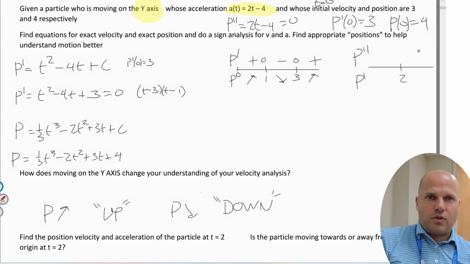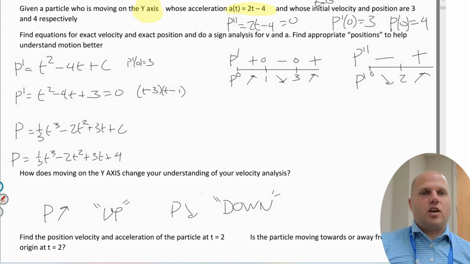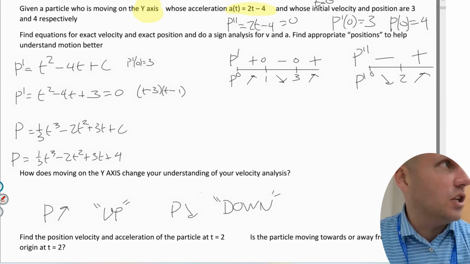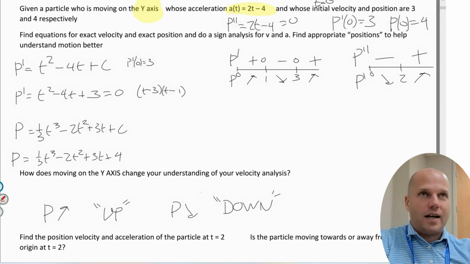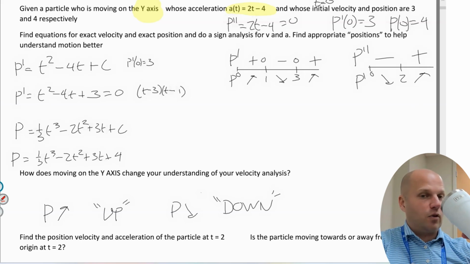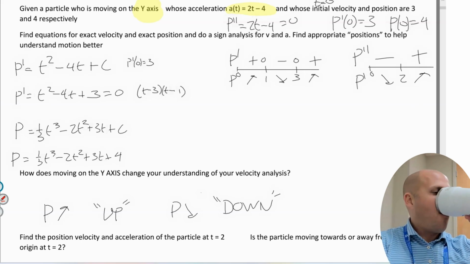2, if I plug in 3, 6 minus 4 positive, plug in 1 negative. Cool. Maybe start at 0. That tells me how my velocity is changing, whether my velocity values are decreasing, whether getting closer to 0 or further away from 0. Positive, getting closer to 0, or negative, getting further away from 0, if our velocities are decreasing.